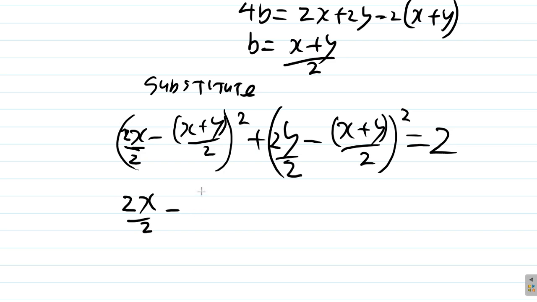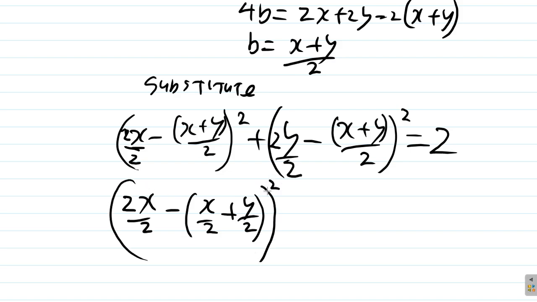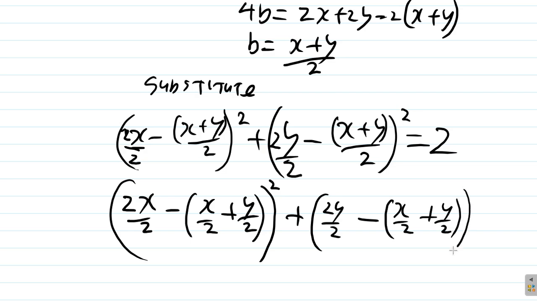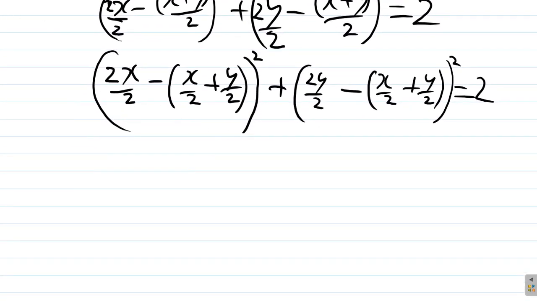So rewrite this as 2x over 2 minus, when you open the bracket, first of all, remember this can be written as minus open bracket, and this is x over 2 plus y over 2. You see that? All of this squared. Plus 2y over 2 minus (x over 2 plus y over 2), all squared, equals 2. You have to remember your fractions, you know. You deal with the fractions, right?